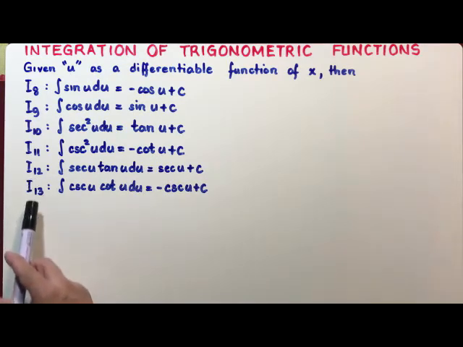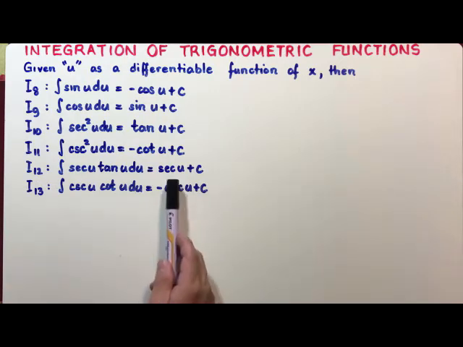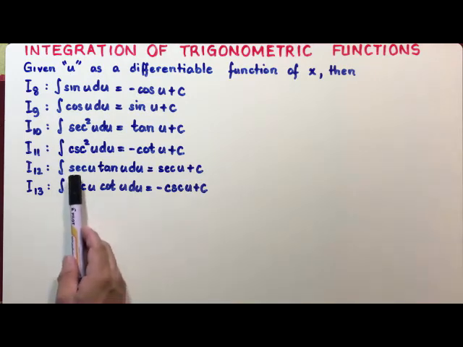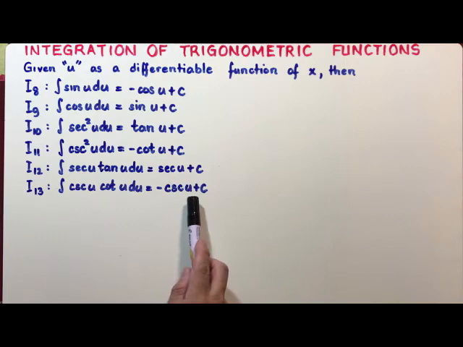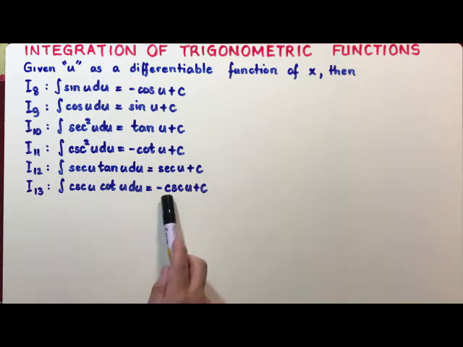And with the last 2 formulas, you can see that the derivative of secant u plus c is just secant u tangent u, and the derivative of negative cosecant u is this. So let's apply these 6 formulas in our examples.